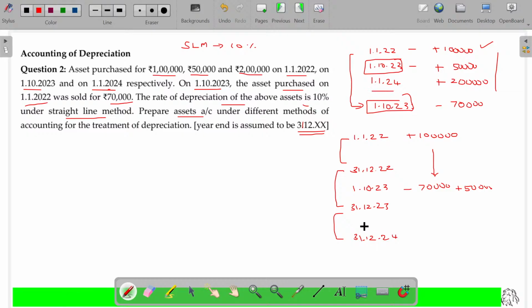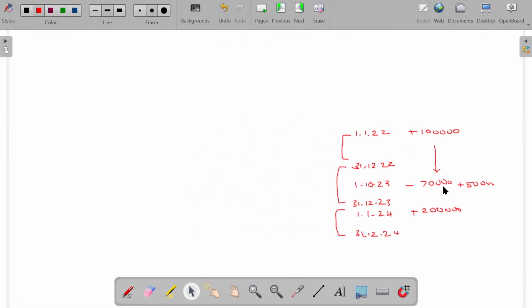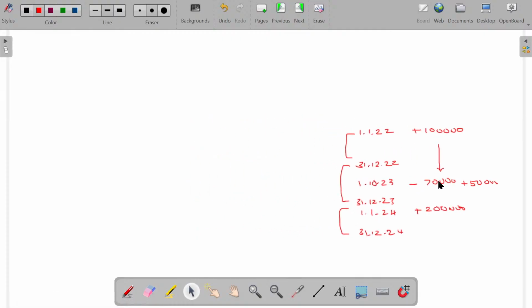On 1/1/24, the next day of this one, we purchased another asset for 2 lakhs. Now we have to incorporate all this detail in our illustration. I just marked down the major transactions here. Now I can pass the entries here one after one.